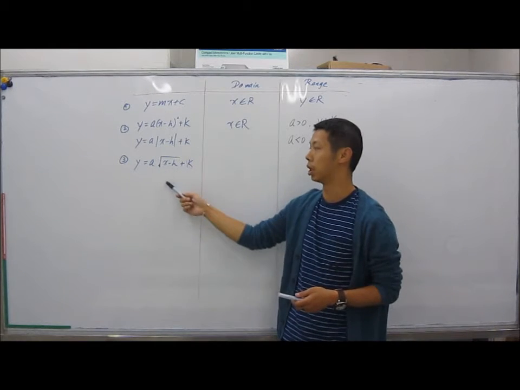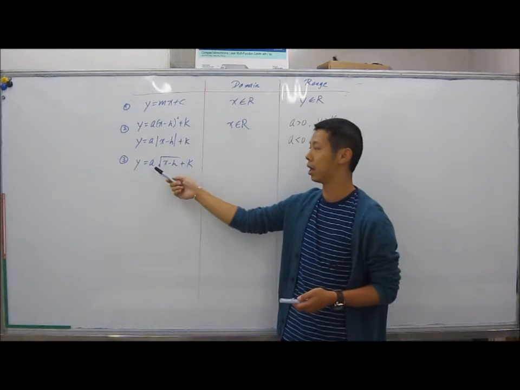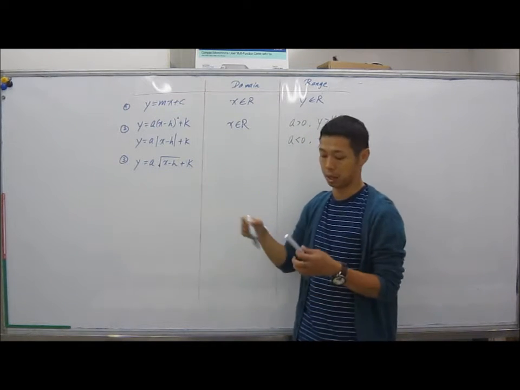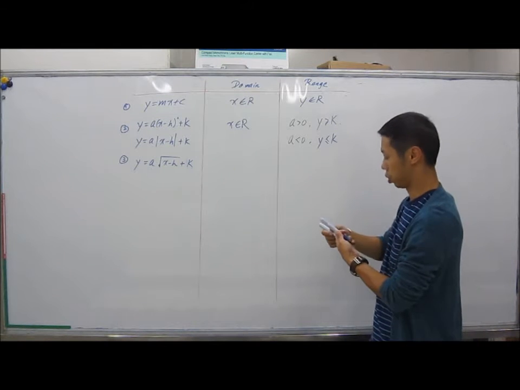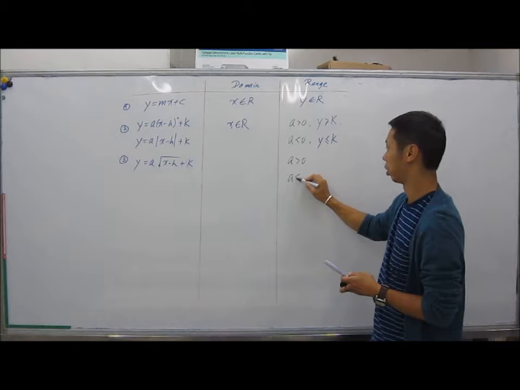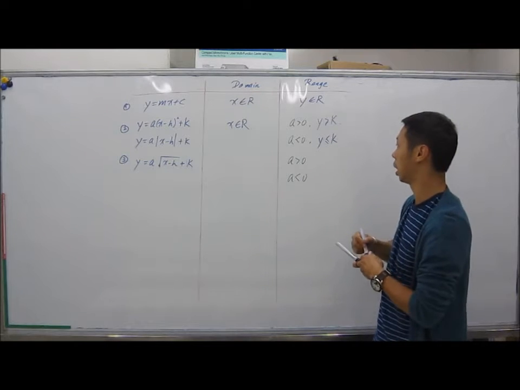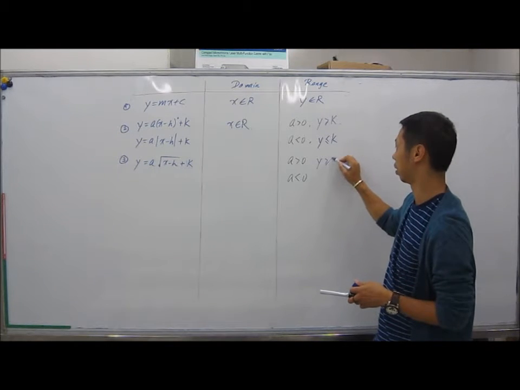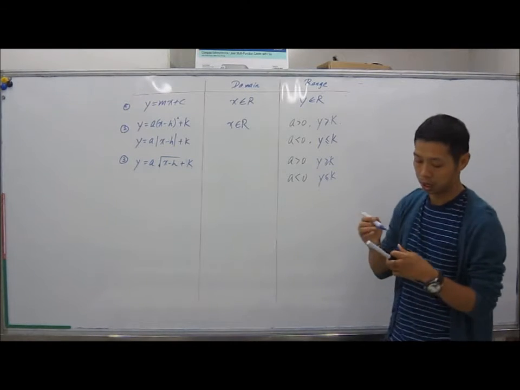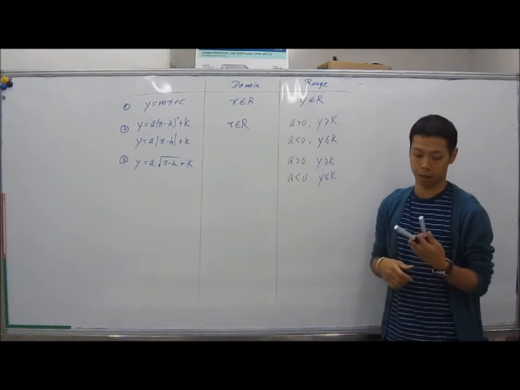This one will be greater than or equal to 0. If a is positive, that means a whole number greater than or equal to 0, plus k. That means our y is greater than or equal to k.